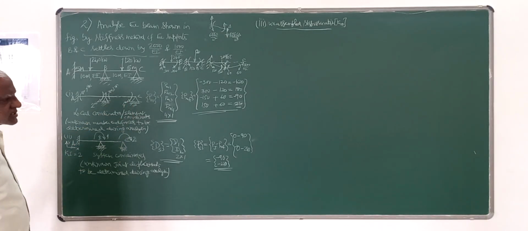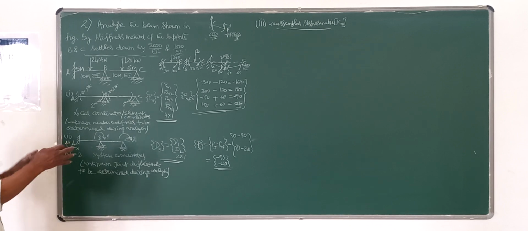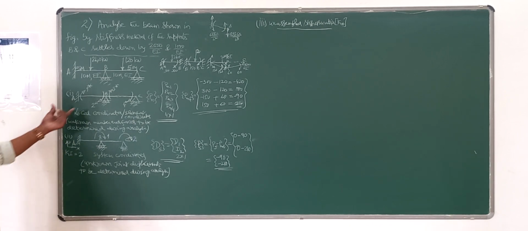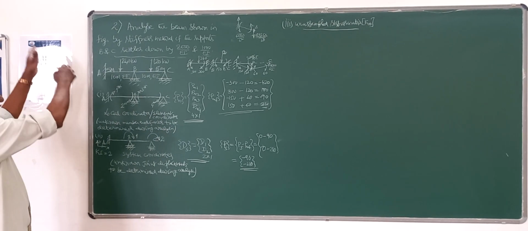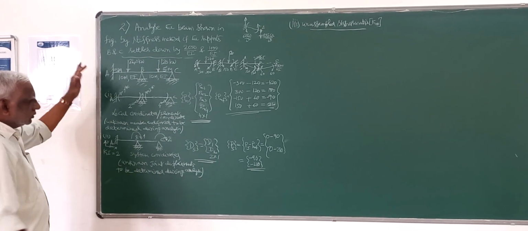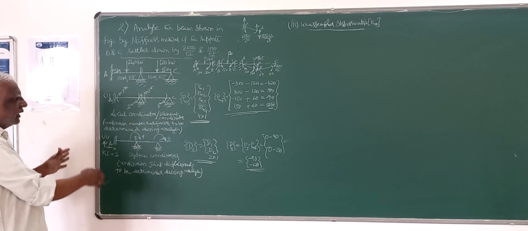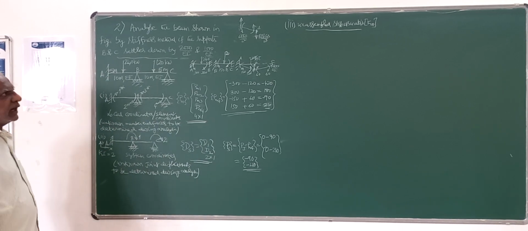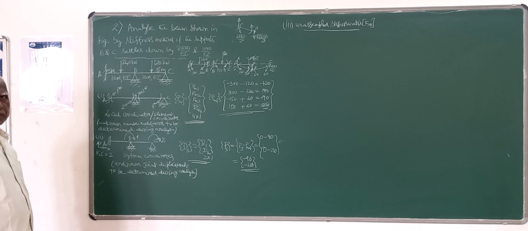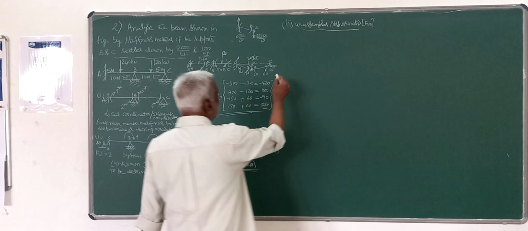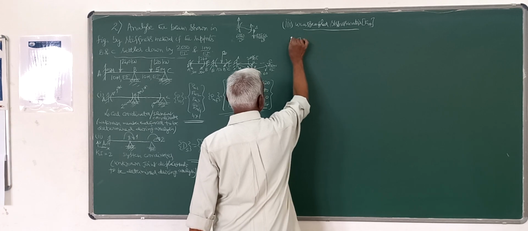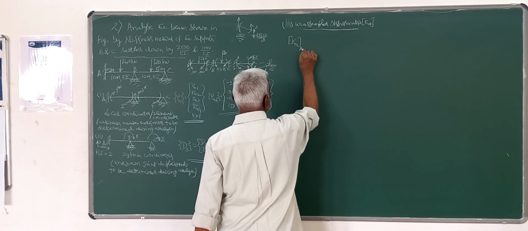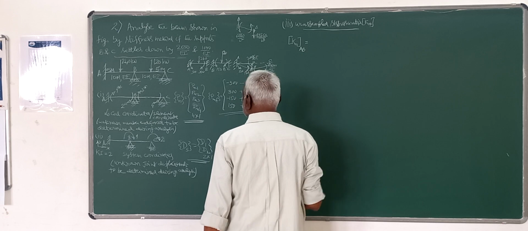So for the 2 members, you have to work out the member stiffness matrix. That is the stiffness matrix corresponding to the element coordinates, and then you arrange them along the diagonal of the matrix for the total structure, and that is called the unassembled matrix. So first, the member stiffness matrix for the member AB.